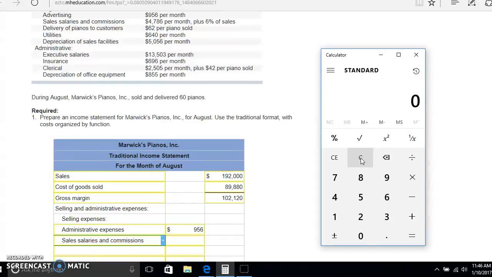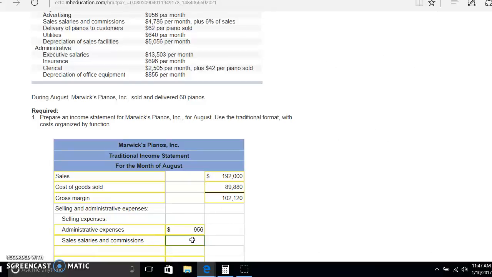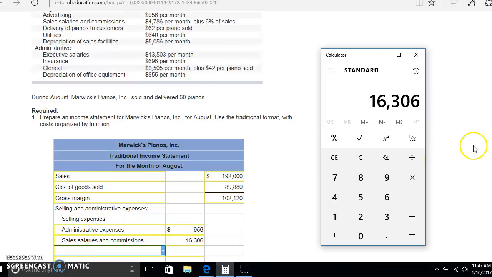So let's do our total sales, 192,000 times 0.06. So for the commission, it's going to be 11,520, and write that number down because you will need that later. Bring it down. Okay. Plus the 47.86. So 11,567.86. Okay.